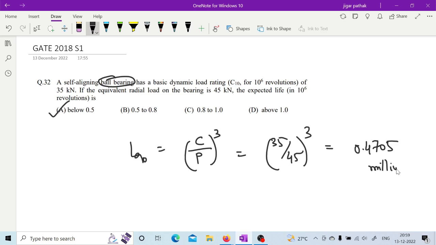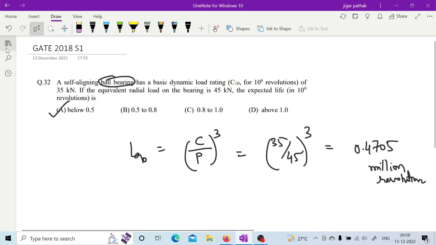Okay, correct. Yes, sir. So this is how you can come up with your answer as A only. It is below 0.5. Okay, so today we will keep up to here.